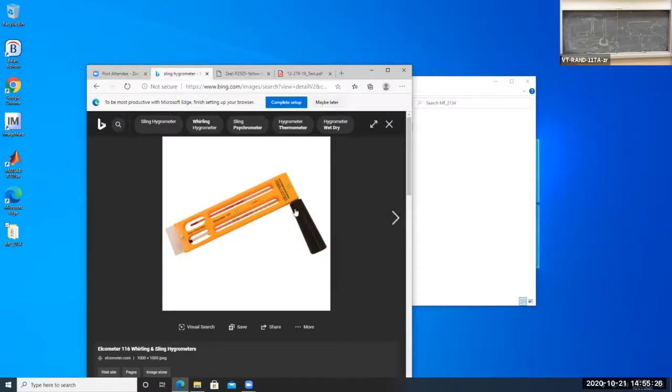This is a handle. You take this thing and you sling it around, you twirl it around like a whip. And air flows very rapidly through the ports here, quickly giving you a steady state wet and dry bulb temperature.